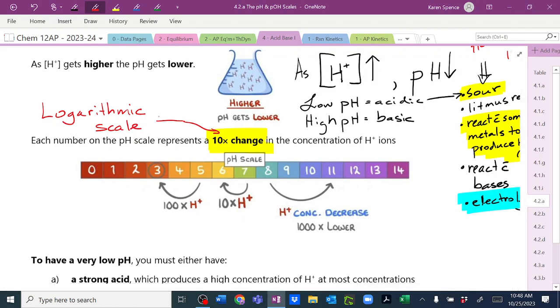If you are at pH 7 and the solution changes to pH 6, you have 10 times the hydrogen ion concentration.